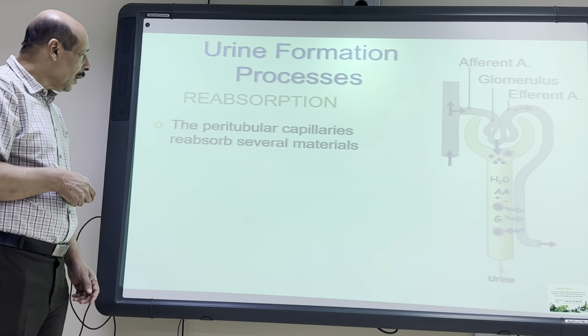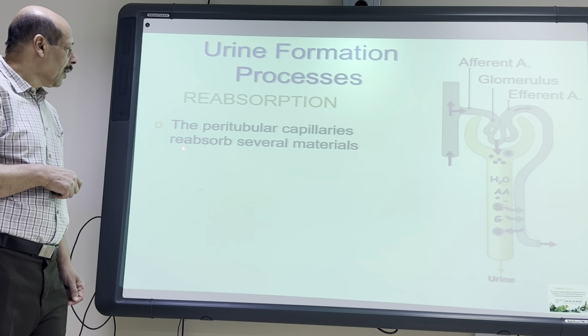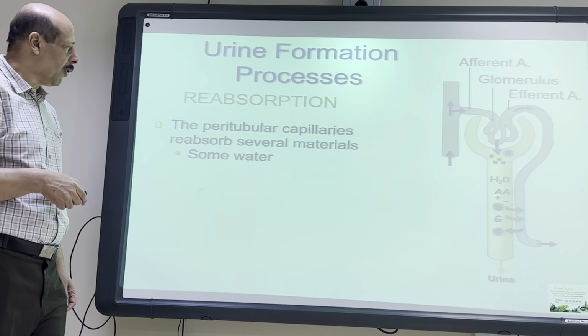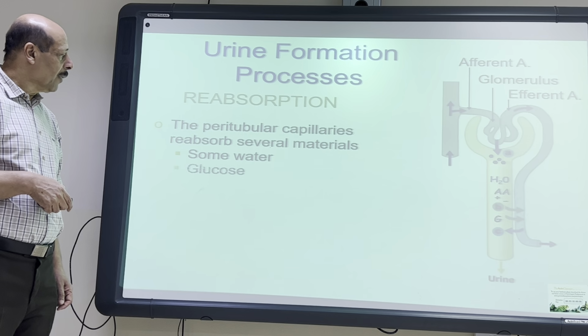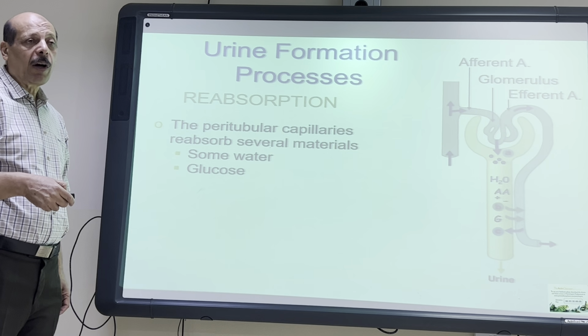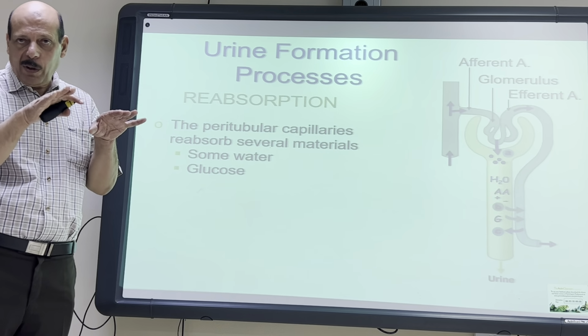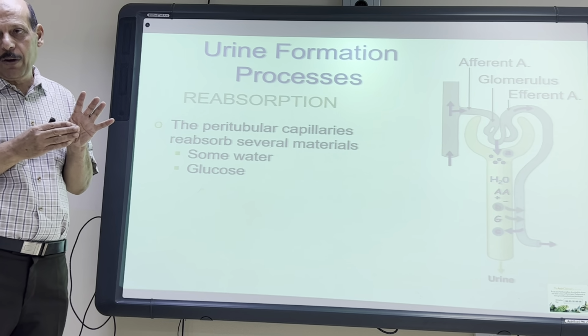So the peritubular capillaries reabsorb several materials from that. Some of the water will be reabsorbed again, and also glucose, because we said that when glucose is within the normal level, it will not pass into the urine.